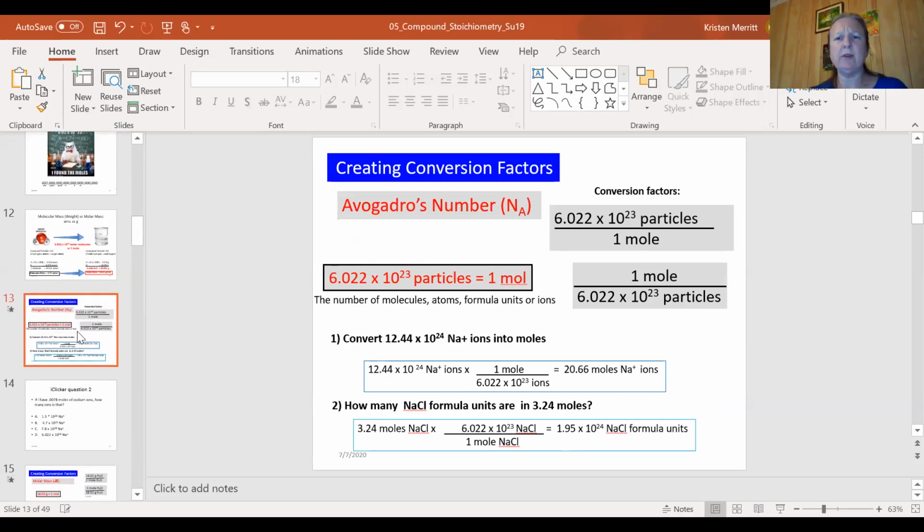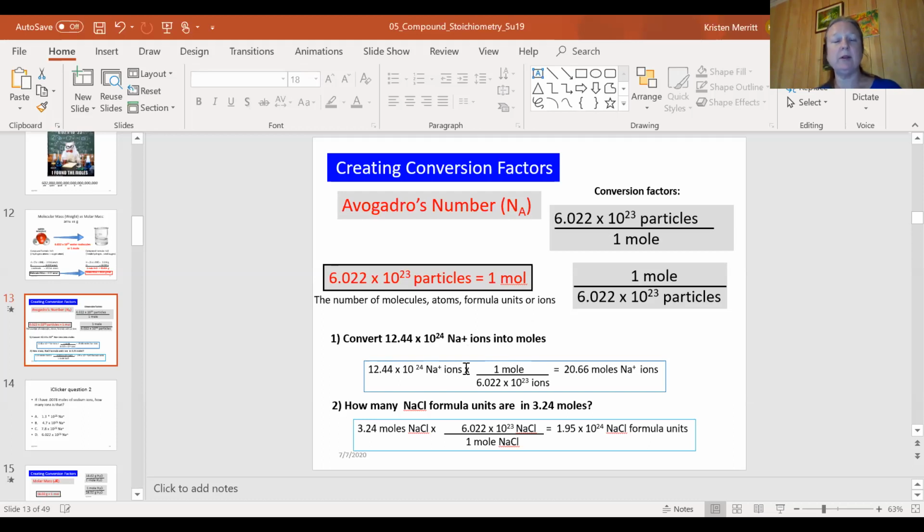So I worked this out in the lecture, so I won't do it again here, and it's done right here for you. You have a number of something, so a number means you're going to use Avogadro's number relationship. Mole is an amount. So you start with what you have.